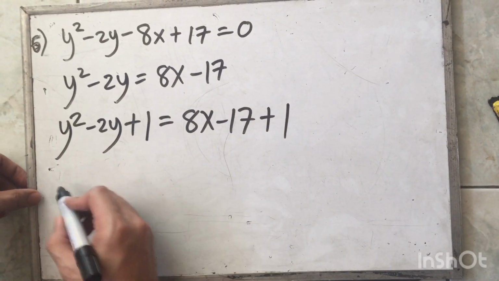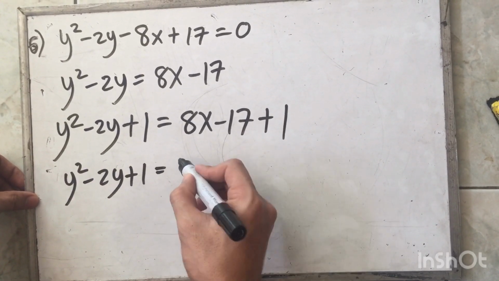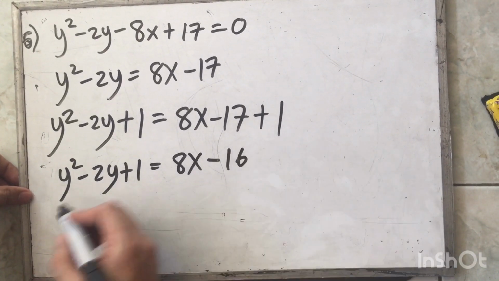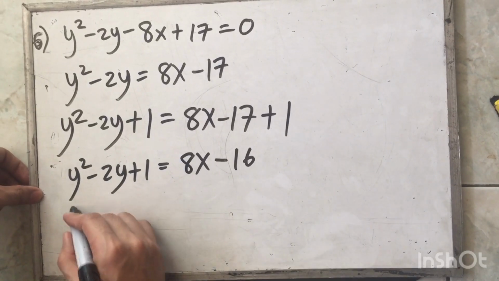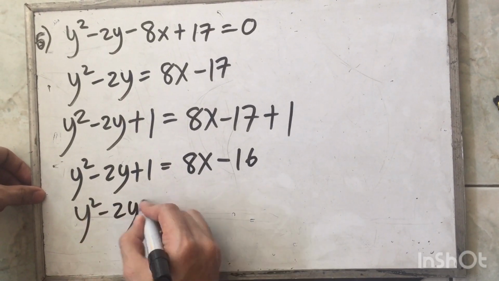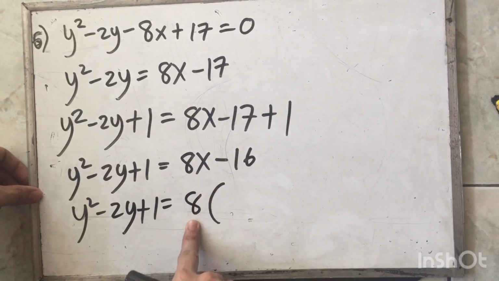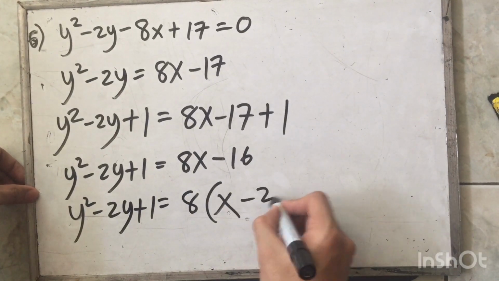So y squared minus 2y plus 1 equals 8x minus 16. And if we're going to factor out 8, the equation becomes y squared minus 2y plus 1 equals 8 times 8x divided by 8 is x, negative 16 divided by 8 is negative 2.